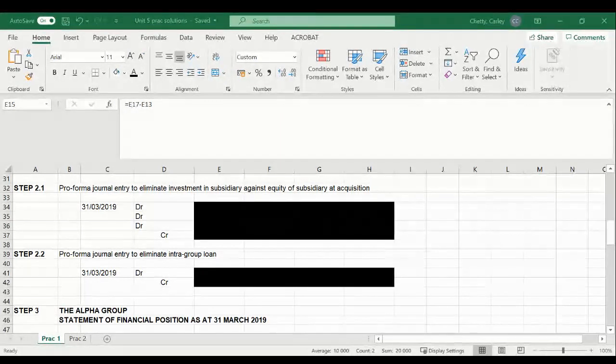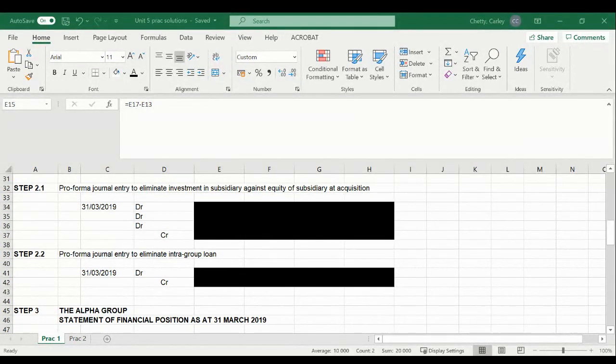So we have looked at the three accounts we are going to debit. We are going to debit share capital of Beta, and we're going to debit retained earnings of Beta. And then because the consideration paid was 80,000, and this was greater than what was acquired, which was 70,000, we have goodwill, so we are going to debit goodwill with 10,000 Rand.